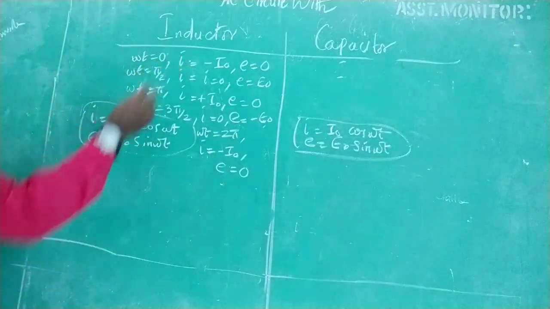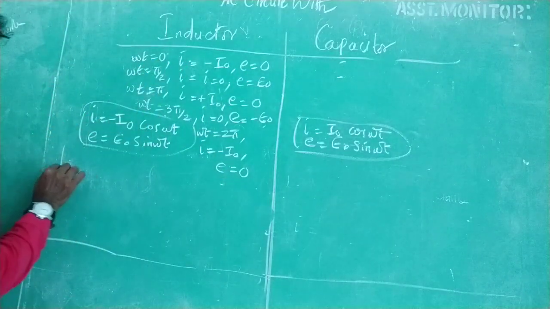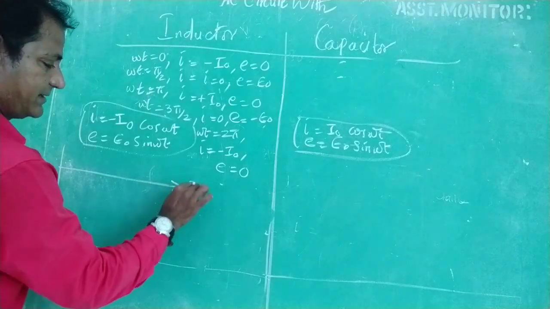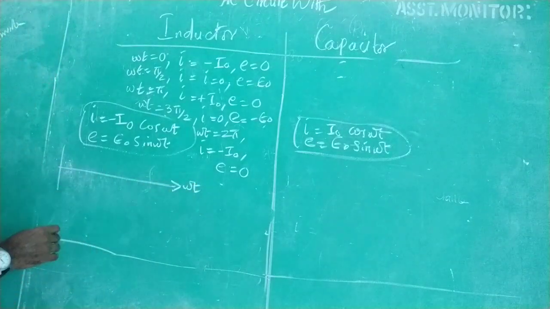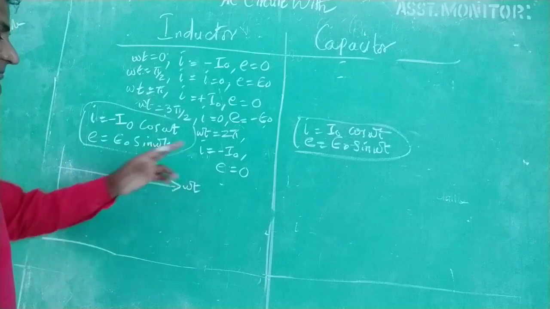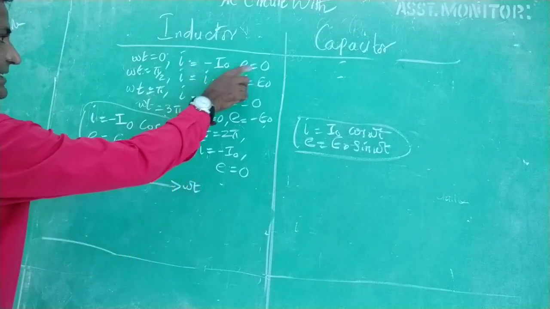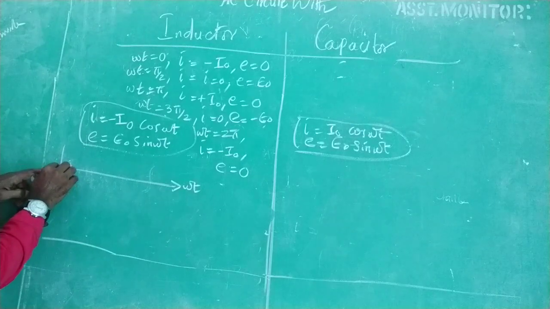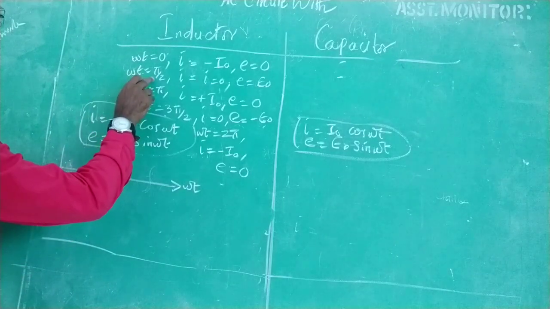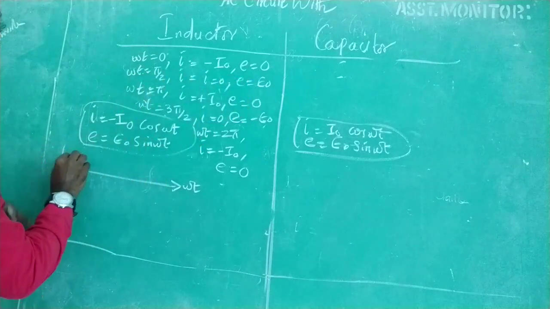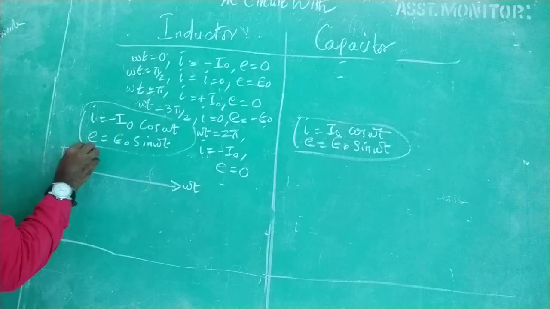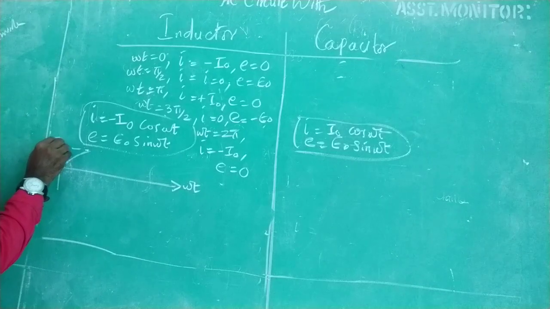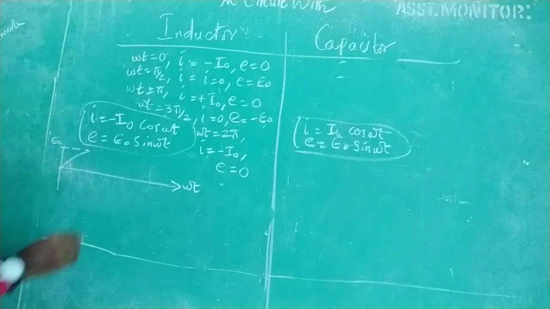So now using this, I'm going to draw a graph. First, I'm going to draw a graph. This is omega t for the E. So it starts with E equal to 0 when this is 0. Then at 90 degree, E becomes the maximum value, E naught.